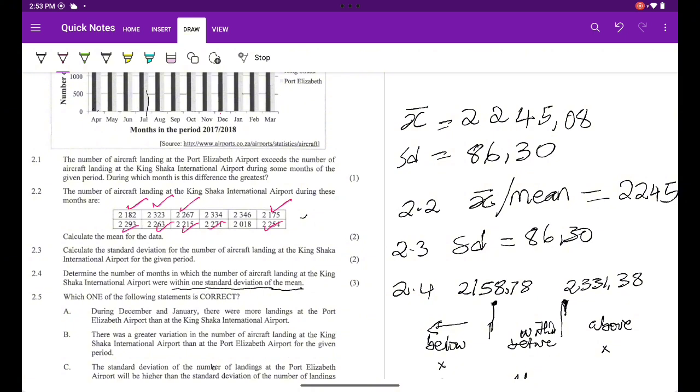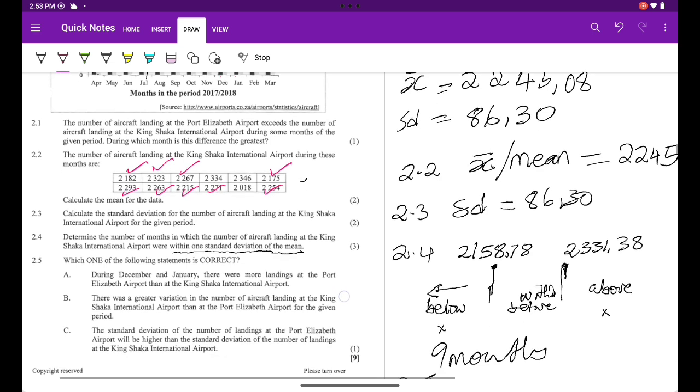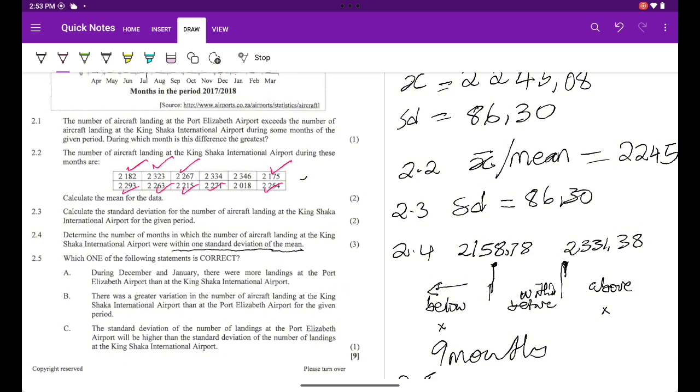No, we have already seen that that cannot be. So this leaves us with number C. It says the standard deviation of the number of landings at the Port Elizabeth Airport will be higher than the standard deviation of the number of landings at the King Shaka International Airport.